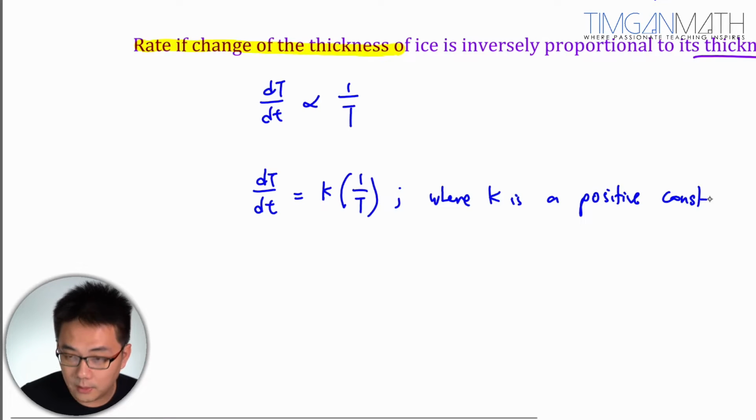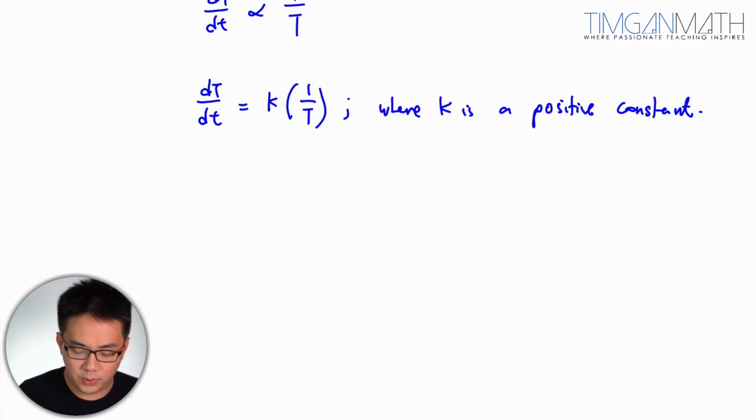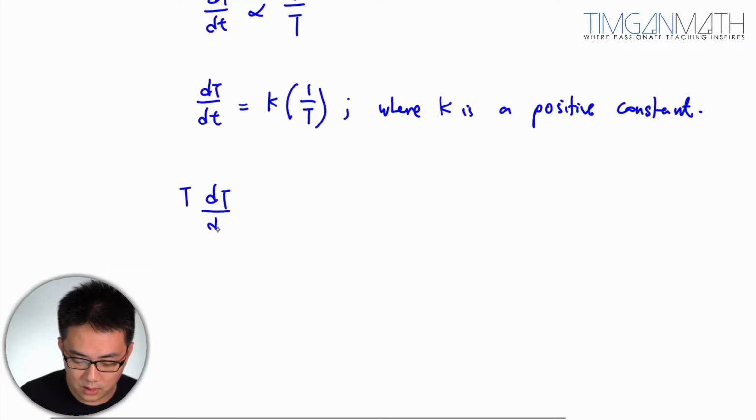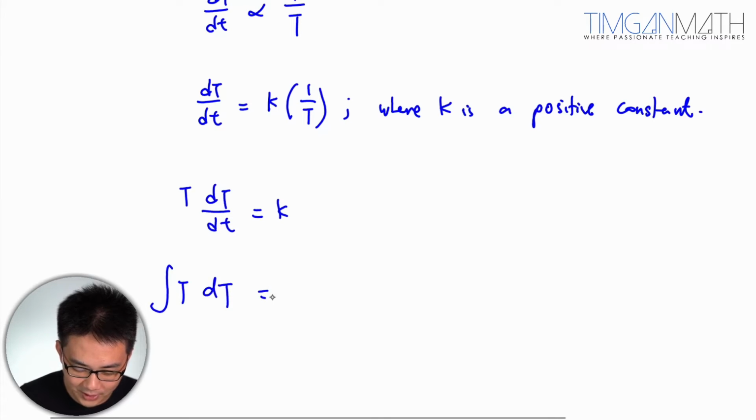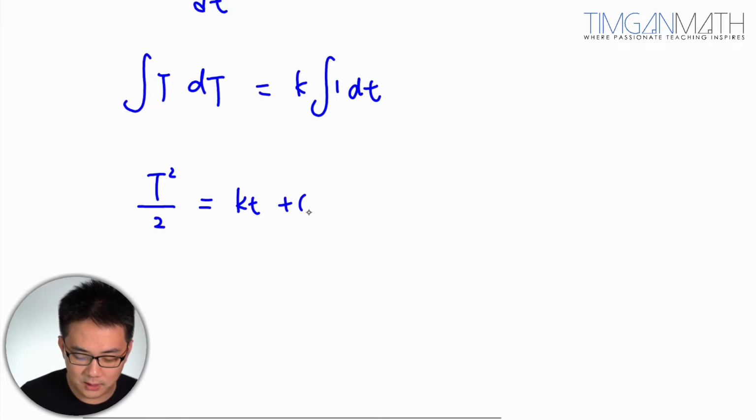Okay, this is a pretty okay question. So T dT equals k dt, and integrating gives T squared over 2 equals kt plus c.